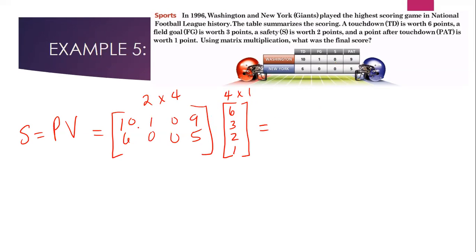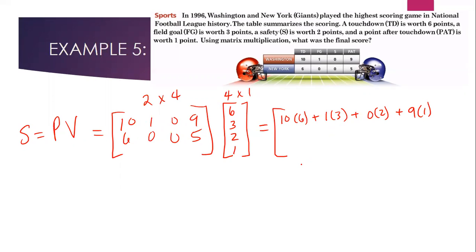So we're going to take the elements in the first row and multiply each one by the column. So we have 10 times 6 plus 1 times 3 plus 0 times 2 plus 9 times 1.